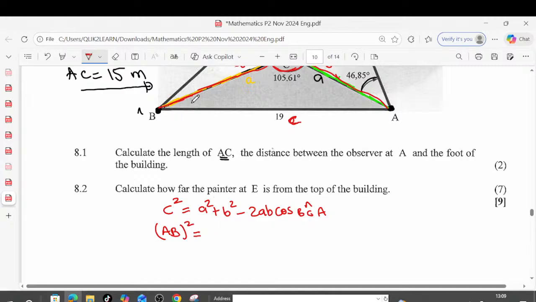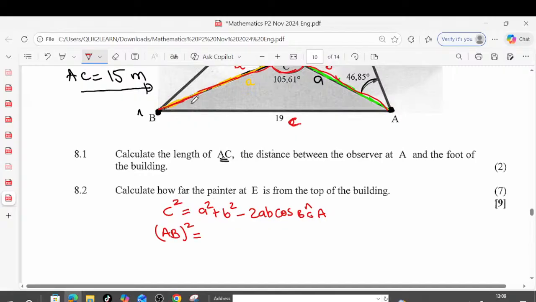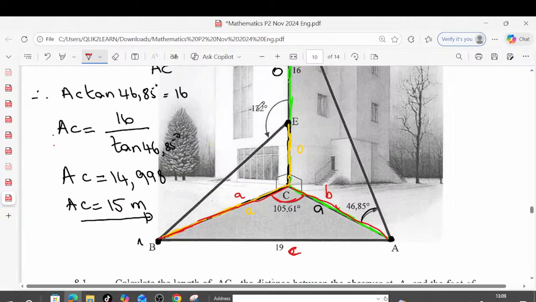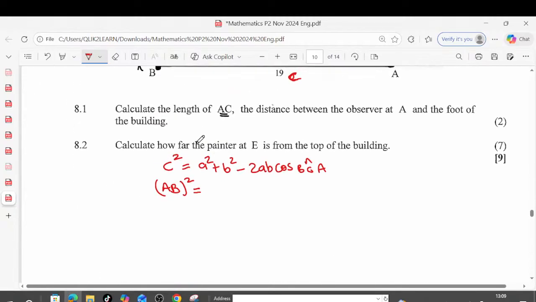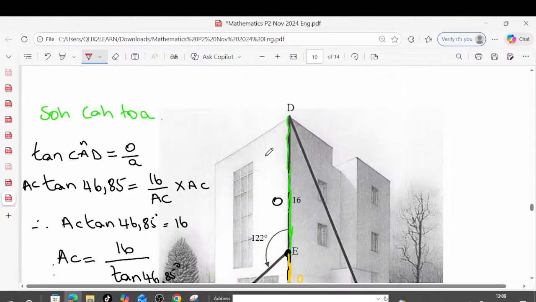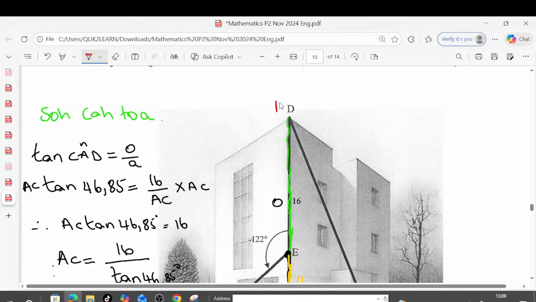What is small a? Why EC? Did I mention EC? Oh, EC, look at this. They say calculate how far the painter at E is from the top of the building. So we know that the top of the building is 16.